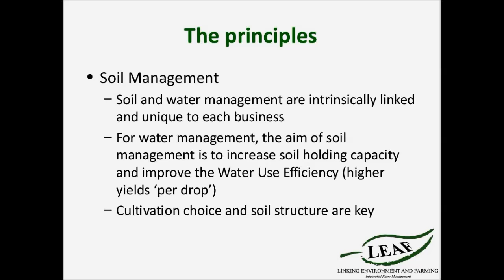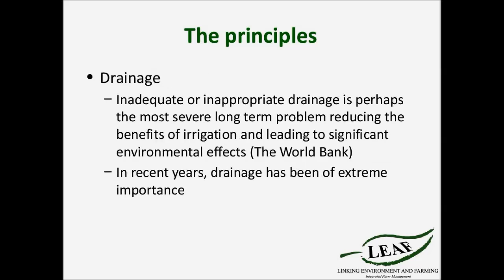So cultivation, soil choice and soil structure are absolutely vital in good soil management. For many arable farmers who thought, well, I don't use water, getting the opportunity to maximize the potential of the rainwater that's falling out of the sky, through better soil management, is really key. And then in addition to that, drainage.